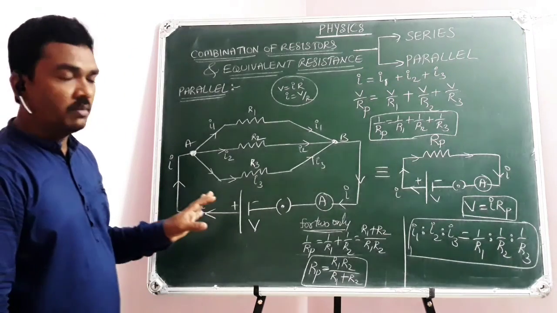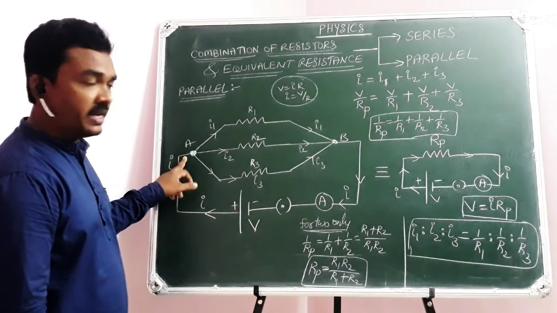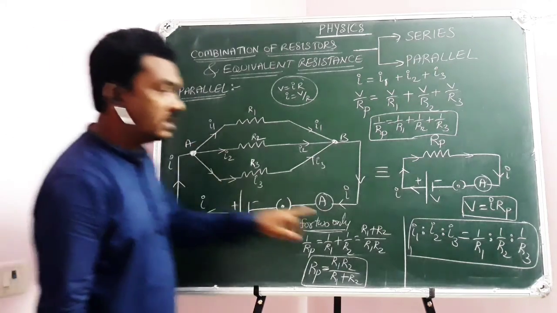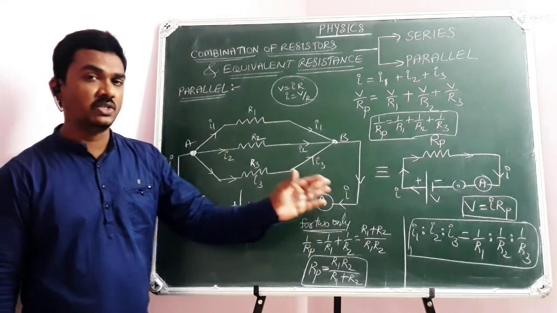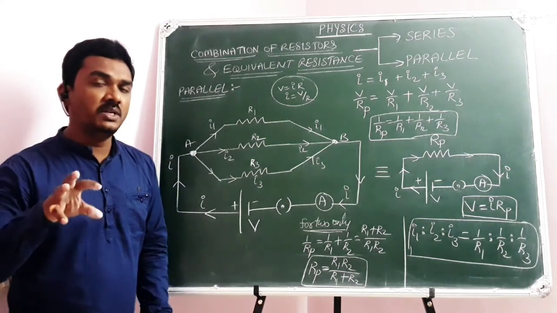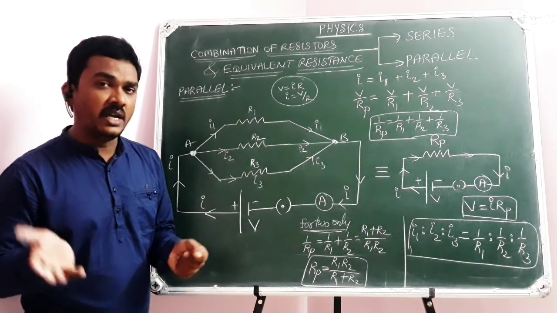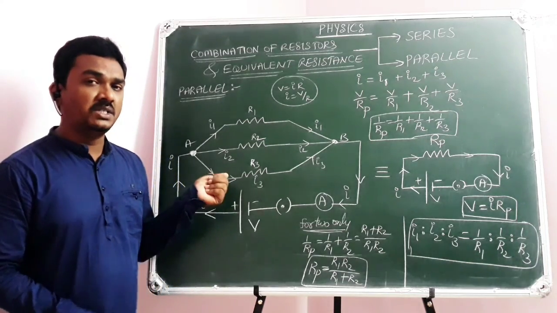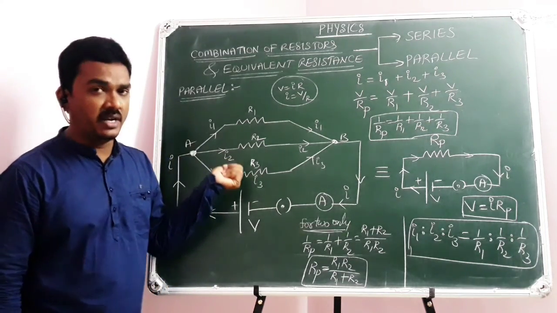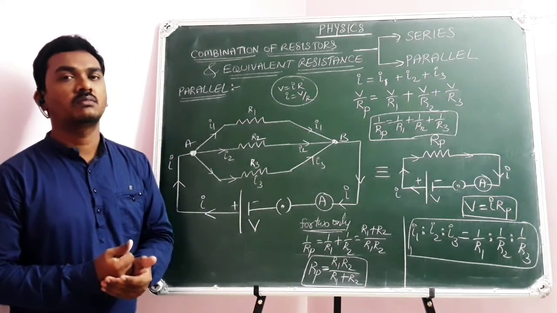So in parallel combination, the current in the electric circuit will be divided among the resistors in the inverse ratio of their resistances, not the direct ratio, the inverse ratio. In series combination, the applied voltage will be distributed in the direct ratio of their resistances. But in parallel combination, the circuit current will be divided in the inverse ratio of their resistances.